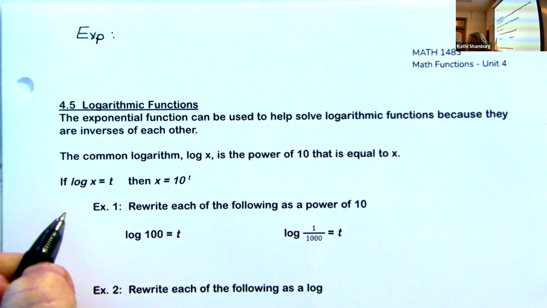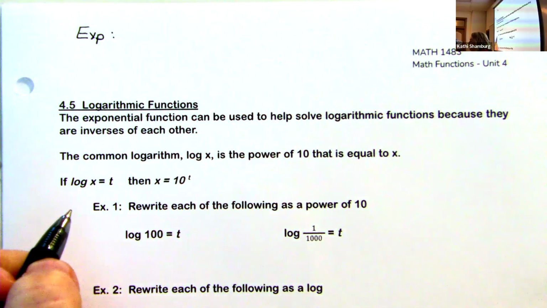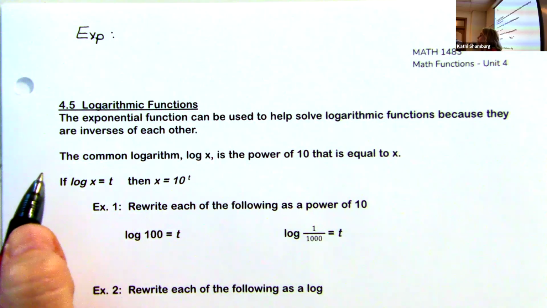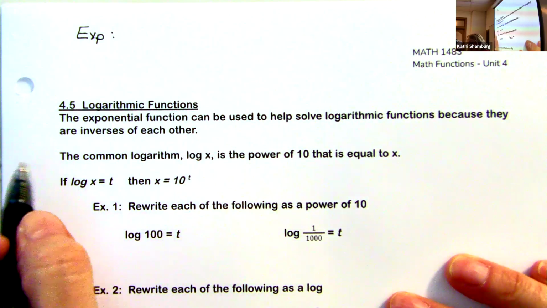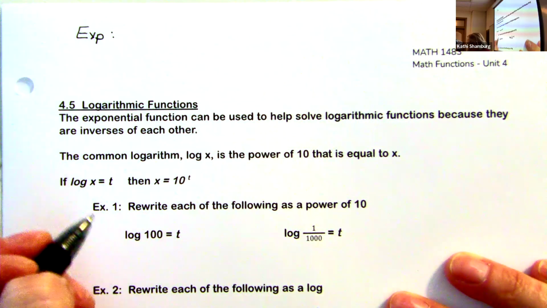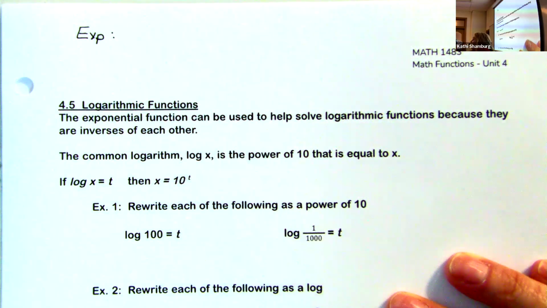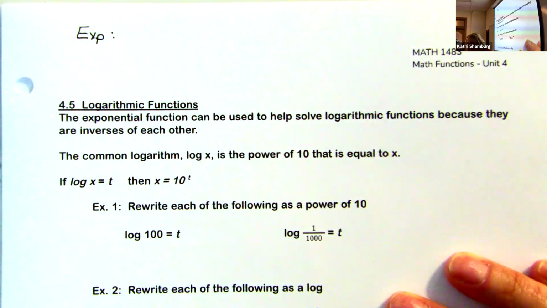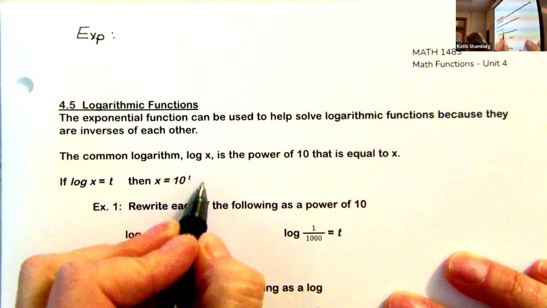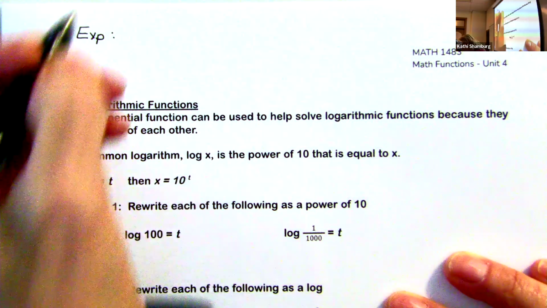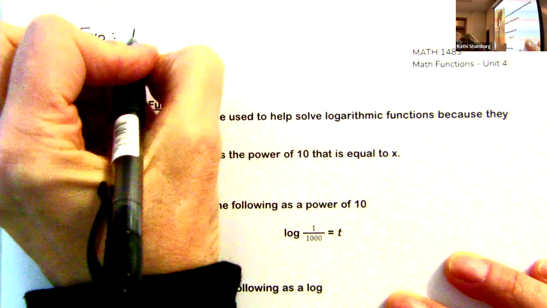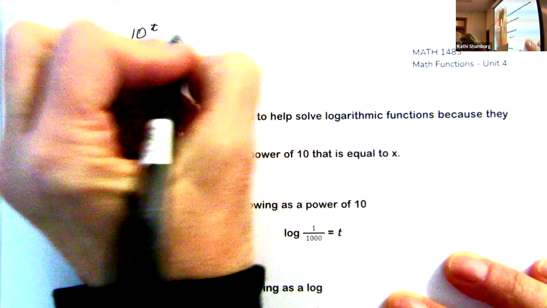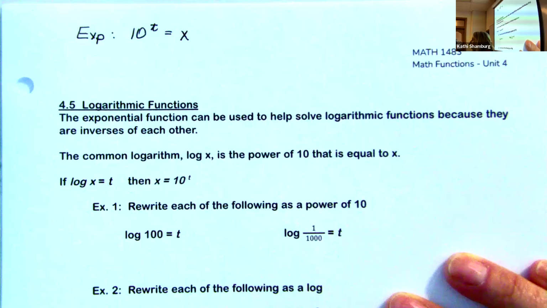Now, the model we've been looking at was N equals P times A raised to the t power. That's when we were creating exponential equations, okay? In relationship to this unit, any equation that has an exponent is considered an exponential if the unknown is in the exponent. So they give us this general formula right here. I'm going to write it as 10 raised to the t equals x.